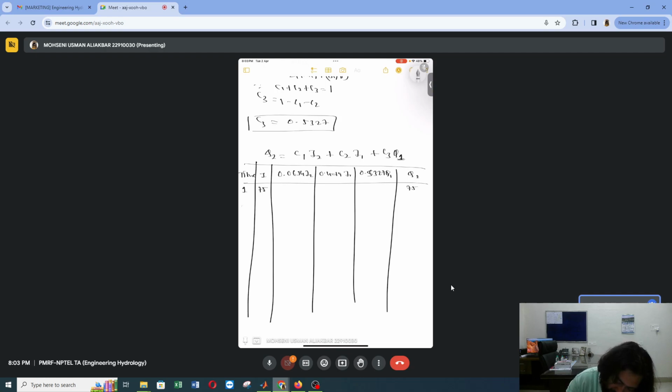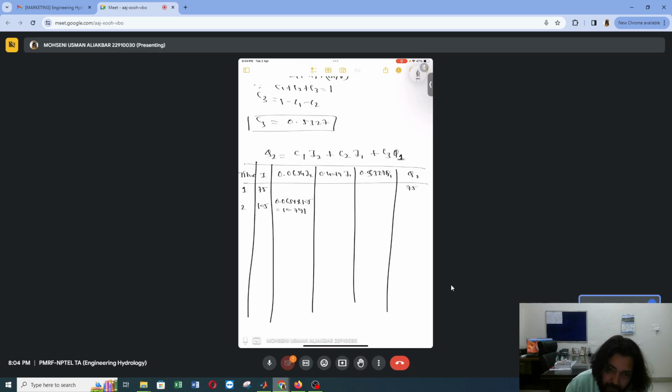For the second time, that is time equal to 2, the inflow is 105. So we are going to calculate this term: 0.0654 multiplied by 105, and the answer is 10.791.